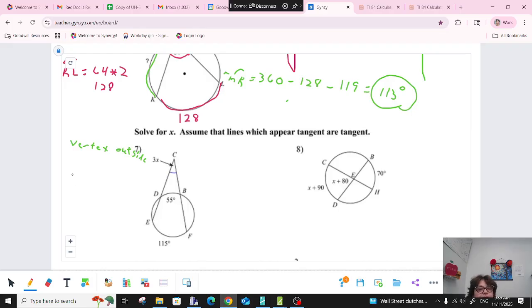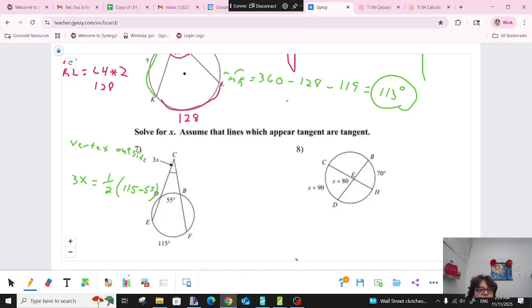So how I would write that would be 3x is equal to 1 half 115 minus 55. Isn't that what we did last time? Okay. So I'm trying to solve for x.